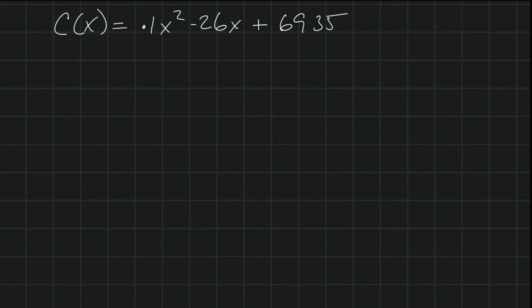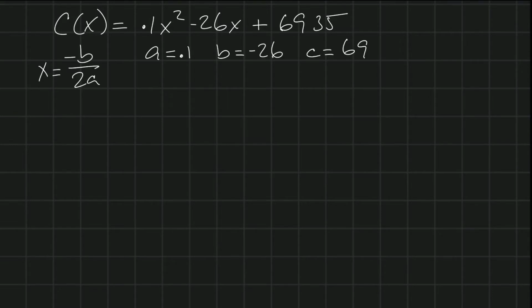This is already in standard form, so our next step will be to just find the vertex, and our vertex is going to be at negative b over 2a. So we label our a, b, and c. A equals 0.1, b equals negative 26, c is equal to 6,935. We don't need that, so we won't even really think about it.